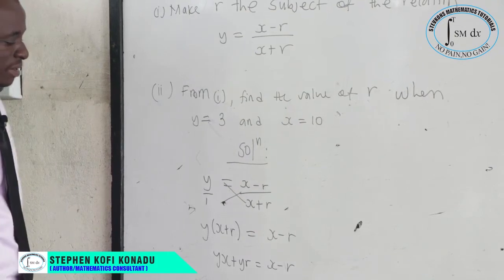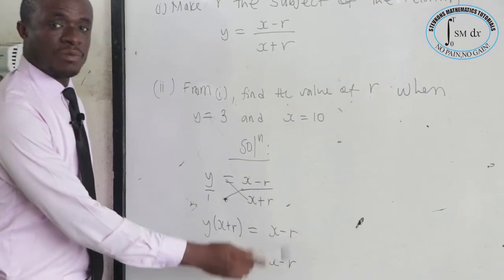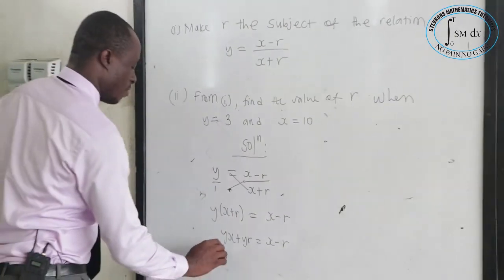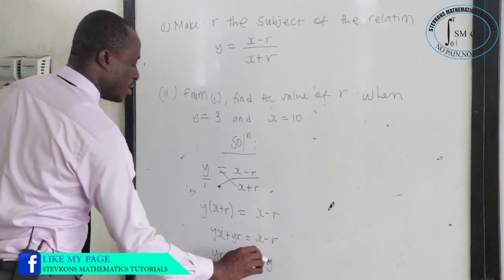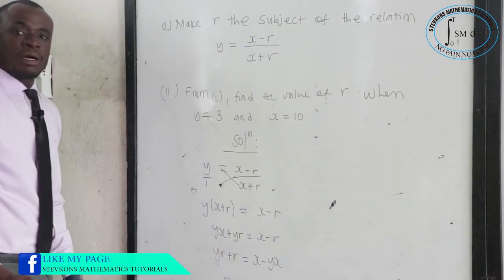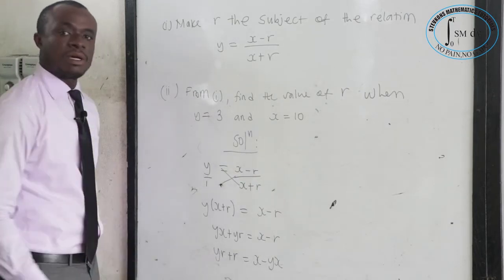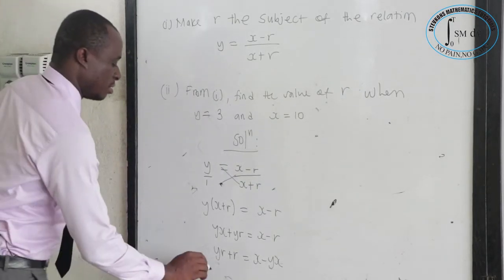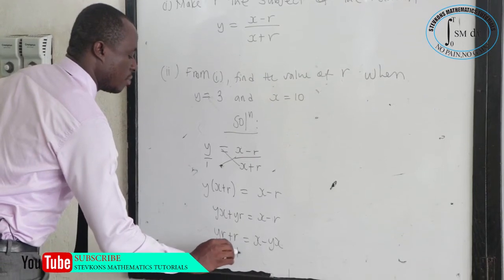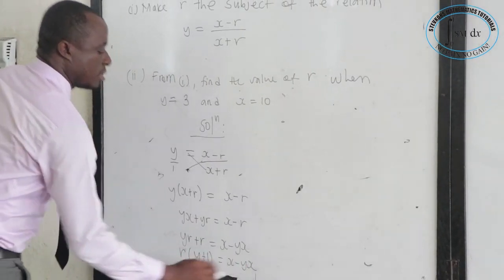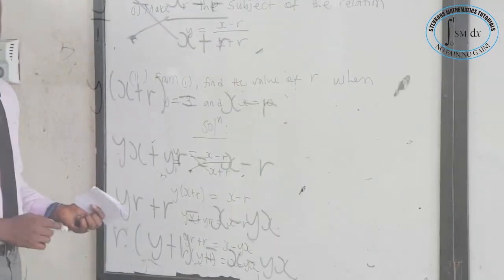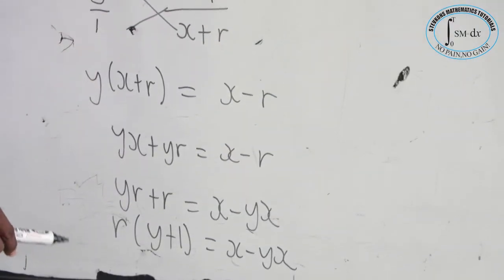We want to make r the subject. There's r here, there's r here, so it's better I bring this one here. So I have yr plus r equal to x minus yx. I want to make r the subject, so I have to factorize r out. So r times y plus 1 equal to x minus yx.